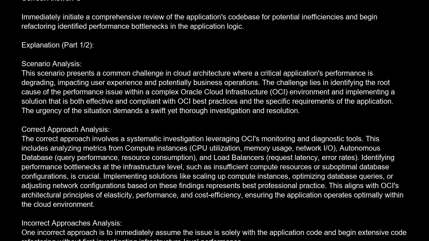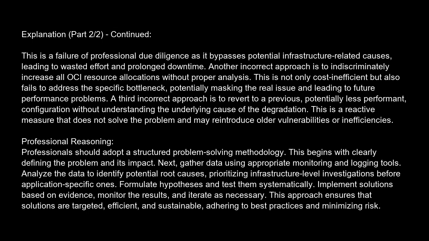Incorrect approaches analysis. One incorrect approach is to immediately assume the issue is solely with the application code and begin extensive code refactoring without first investigating infrastructure-level performance. This is a failure of professional due diligence as it bypasses potential infrastructure-related causes, leading to wasted effort and prolonged downtime. Another incorrect approach is to indiscriminately increase all OCI resource allocations without proper analysis.